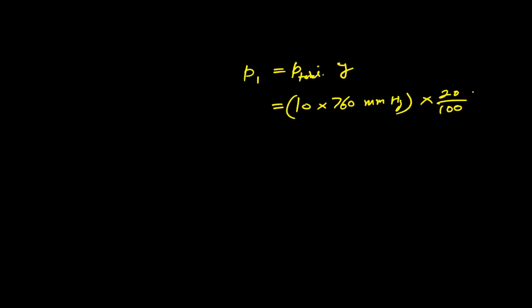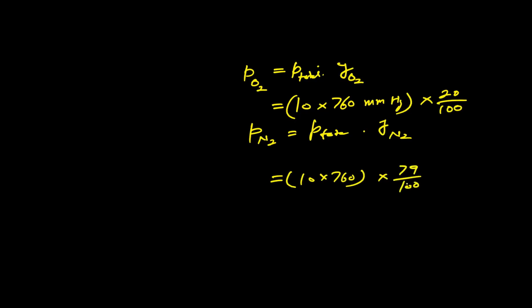So you got P1, I'm considering oxygen here. Similarly, PN2 will be P total into Y N2. So it will again be 10 into 760 multiplied by 79 by 100. So you will get PO2 and PN2.